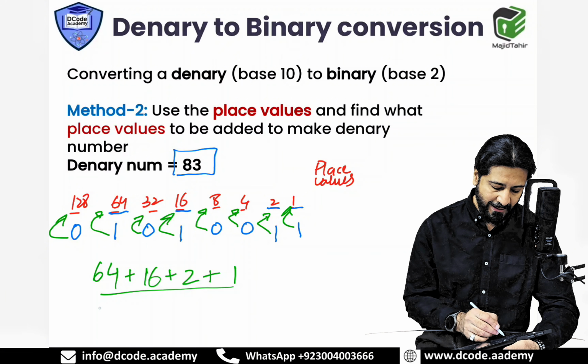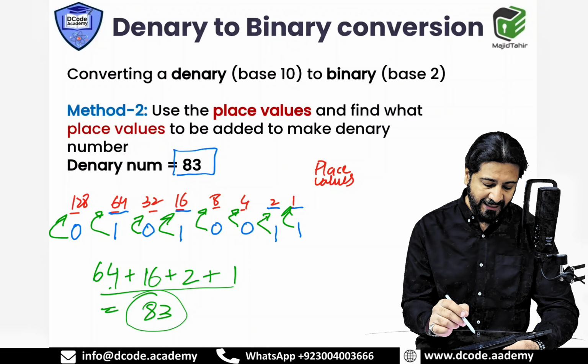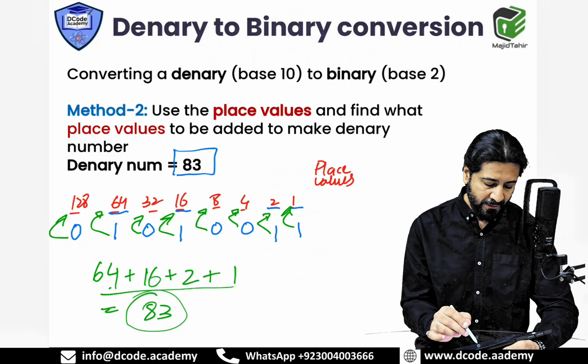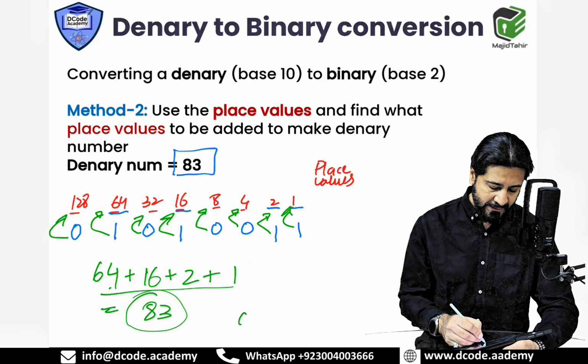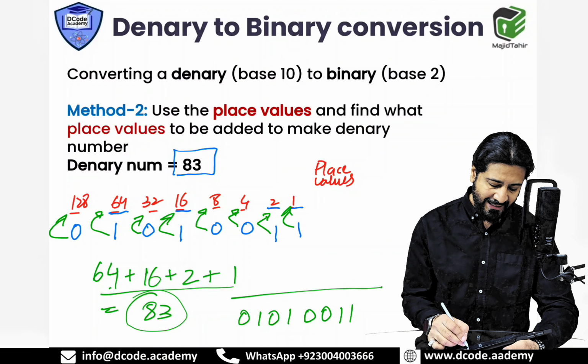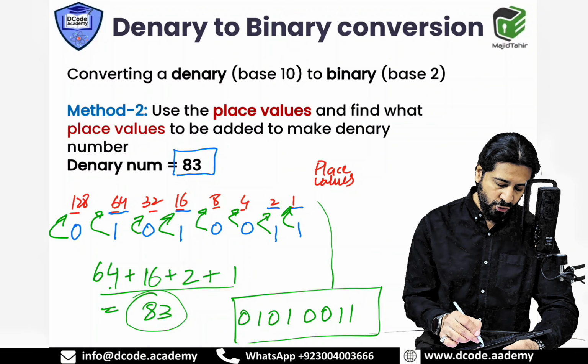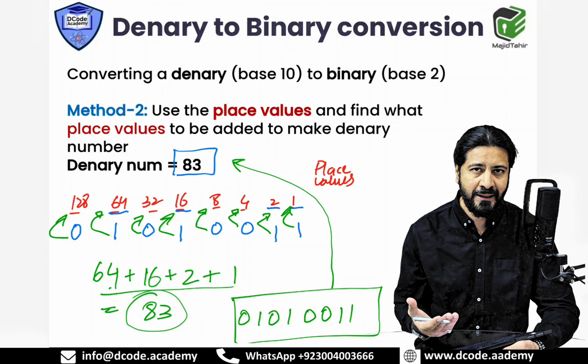So when you add it back, you get 64 plus 16 is 80 and plus 2 plus 1 is 83. So you can get 83 back. So the number 0, 1, 0, 1, 0, 0, 1, 1 is the binary equivalent to the number 83, which we have just converted.